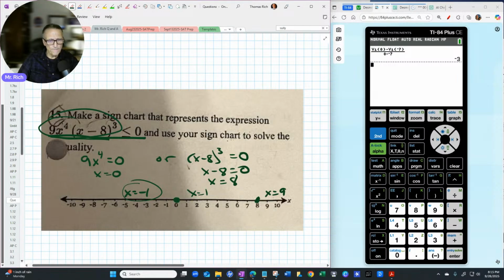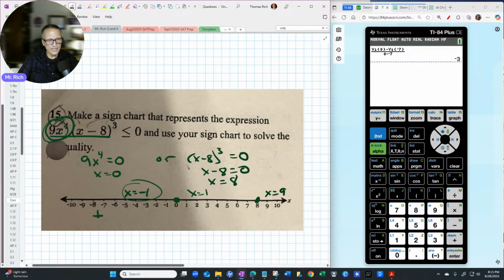So I want to plug my 3 test points into this expression on the left side, not to get a value, but just to get a sign, positive or negative. Well, one thing I know about 9x to the fourth, whatever I stick in for x, that is going to be positive because I'm raising to an even power. So stick a -1 in there, that's going to be positive.